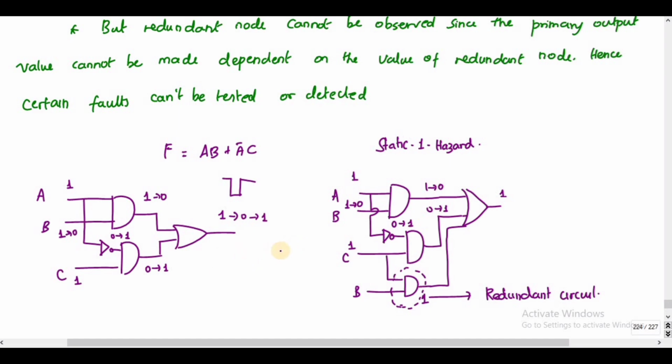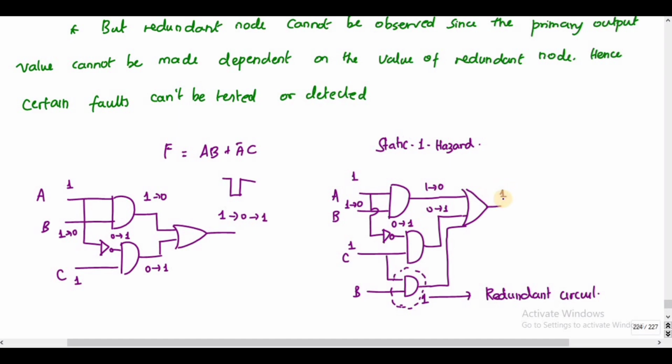This is nothing but a static hazard. It can be avoided by adding a redundant circuit. If I add the redundant term, the output of the bc term is always 1. If I add these three terms with the OR gate, I will get the output as 1. Thereby this static hazard is eliminated.